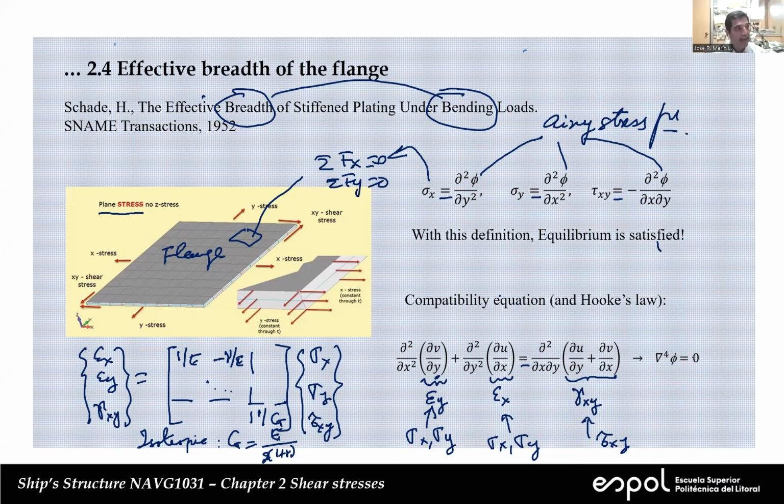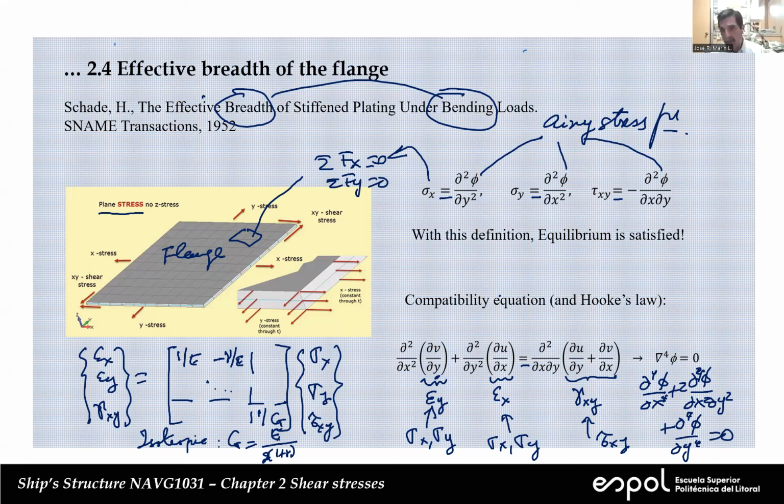This is a fourth order linear partial differential equation. Don't worry, I'm not going to solve it. I'm just going to summarize what Shady did. That's all. This is typical of any plane stress problem. So this is the fourth derivative of phi with respect to x plus the other combined terms, equal to 0. This is the same as this one here.